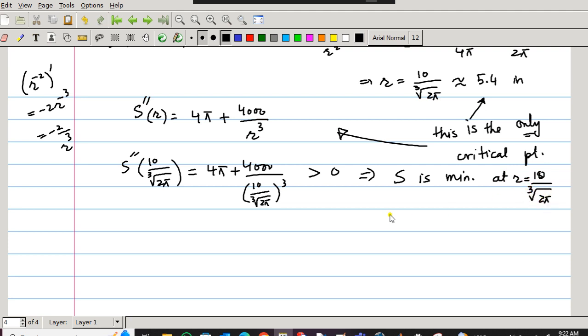Why is this a minimum? Because the second derivative is positive. When your first derivative is 0 and the second derivative is positive, you have this shape. Because this is the only critical point, it will not come back down.